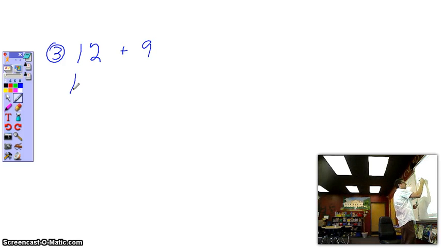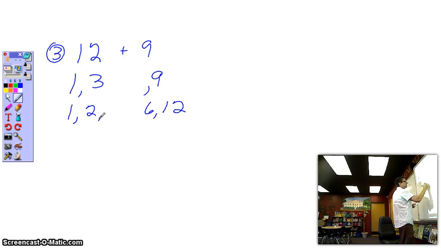So what you should have done for that, factors of 9 are 1 and 9, and then 3. We don't write the number 3 twice because we're just making a list of numbers that you can divide 9 by. And there's no reason to say that we can divide 9 by 3 and then say that we can divide 9 by 3 again. The factors of 12, we've already done that one. All you had to do is really copy the factors from up above. And then the largest number that's in both lists, or the greatest common factor, is 3.